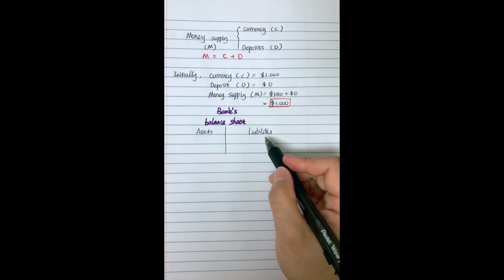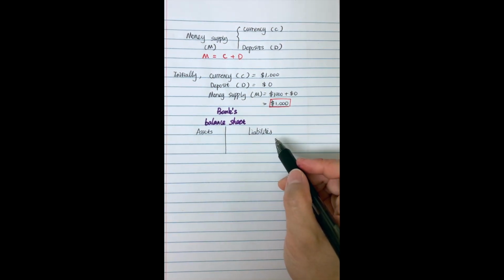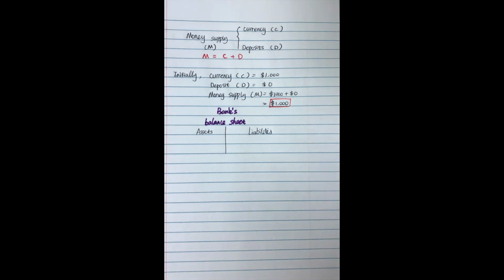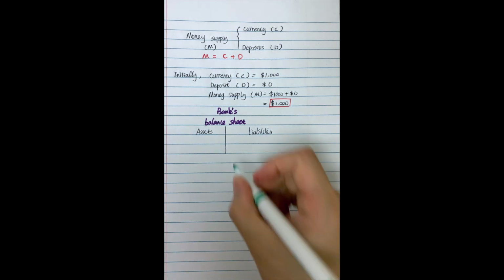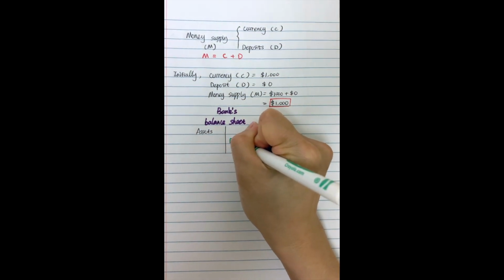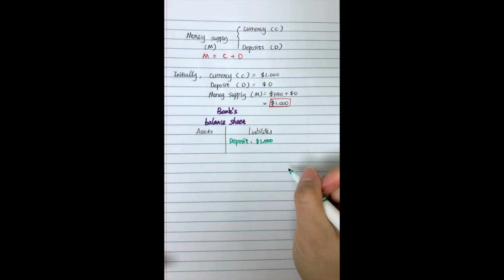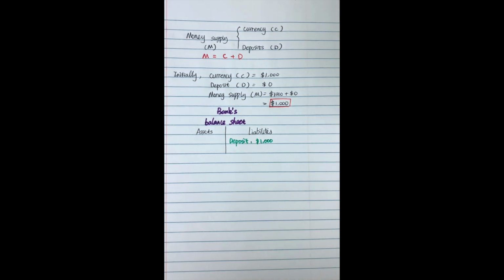Bank's liabilities come from deposit, okay? So this comes from deposit, which means if this person decides to put all the currency into the bank, now we have the deposit equal to $1,000, yeah? And then, as far as we know, the bank needs to keep some of the money as reserves, and this is required by the Federal Reserve, right?